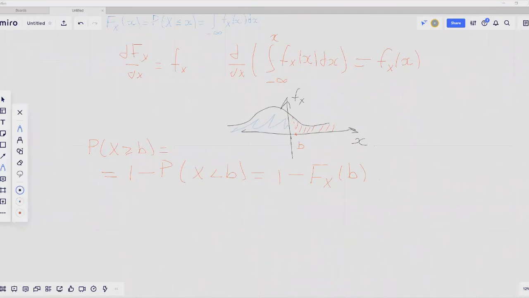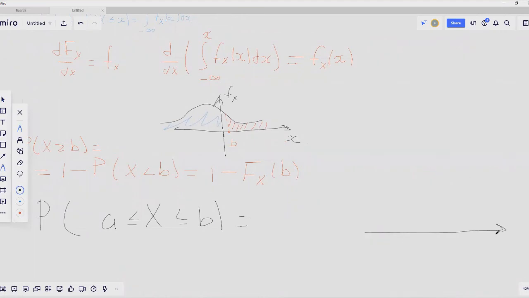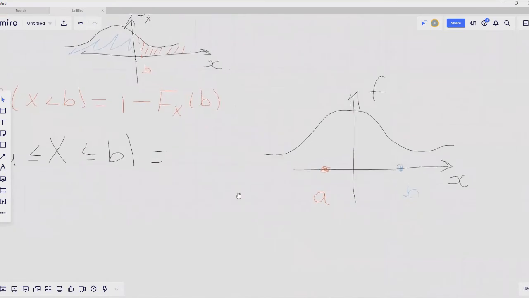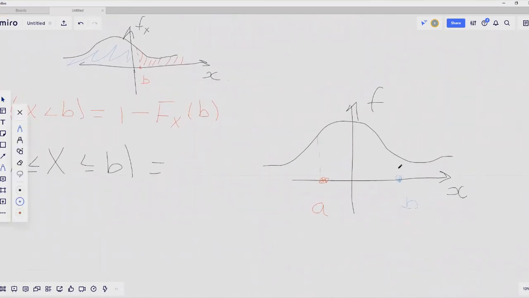Now, our next property is if we are looking for the probability that my random variable X lies in between two points, let's say A and B, then it can be found as the following difference. So let's assume that here is my point A, and here is my point B. If I am looking for the probability of my random variable being in that interval from A to B, then it can be found by subtracting the following two areas.